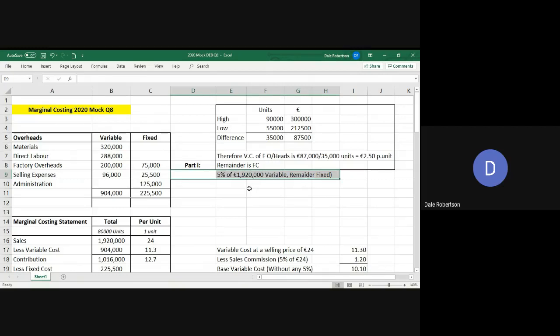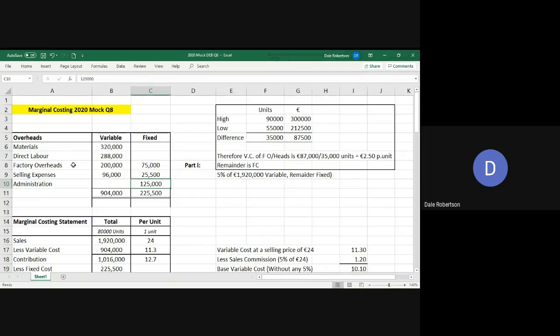So that is 5% of 1,920,000, which gives you 96. And then you take that 96 away from the 121,500 in the question. And that will give you that 25,500 as the fixed component of selling expenses. The question says administration expenses are all fixed, so therefore we can simply put that 125 in the fixed column.